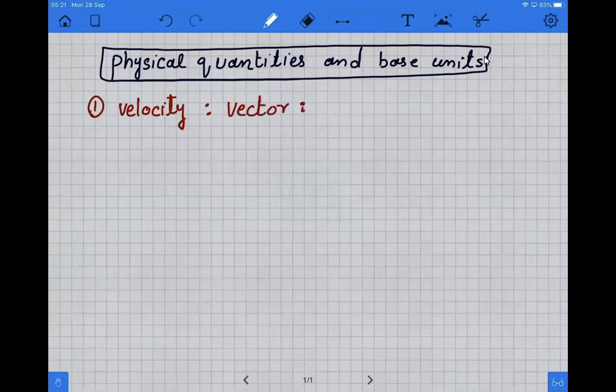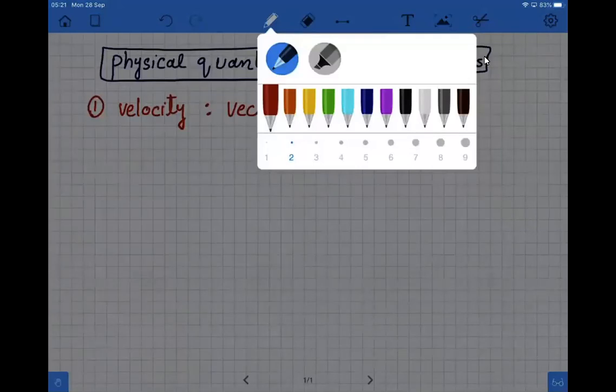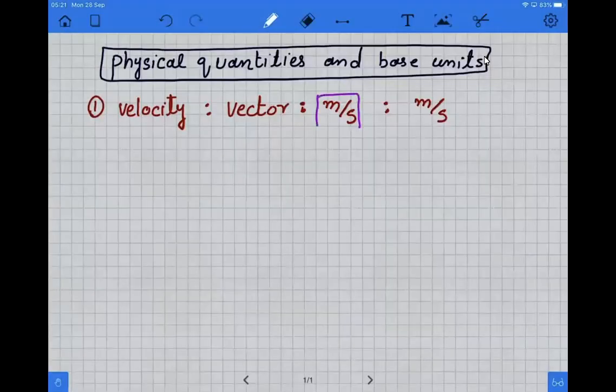Its unit is meter per second, and its base unit is also meter per second. So the unit of velocity is meter per second, and the base unit is also meter per second.